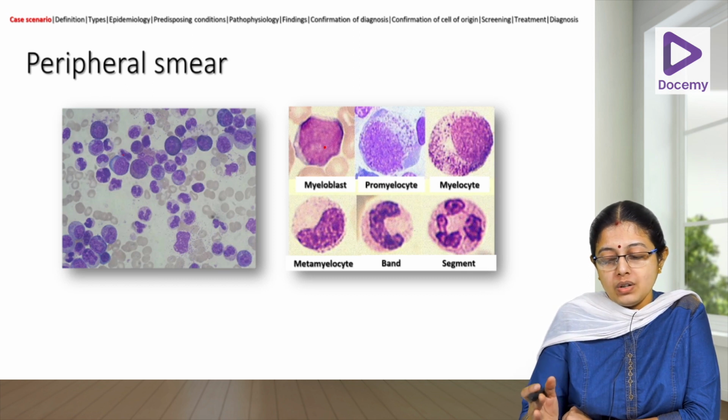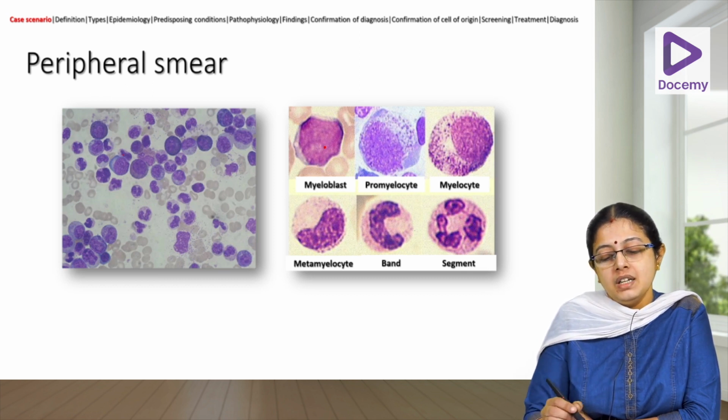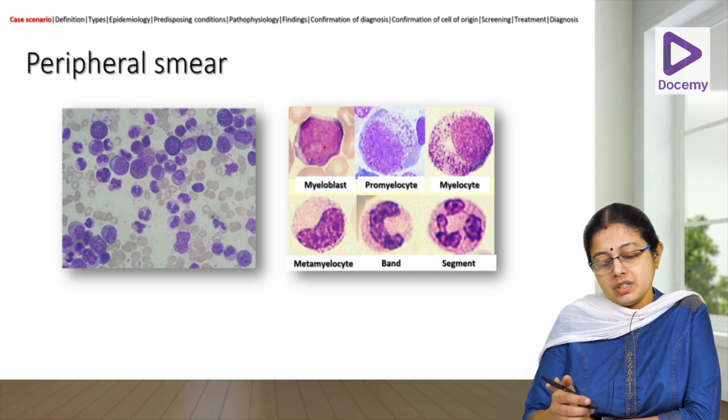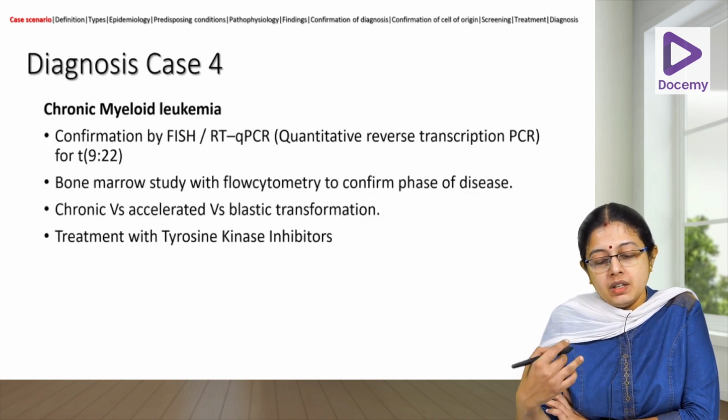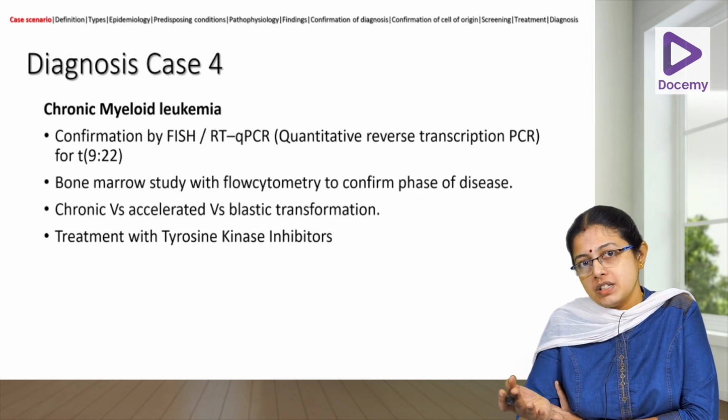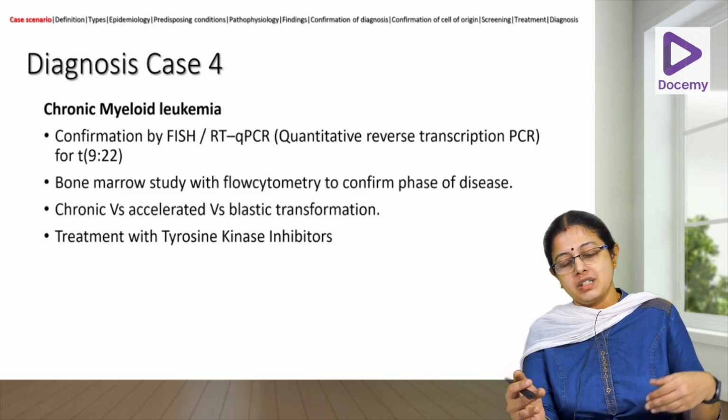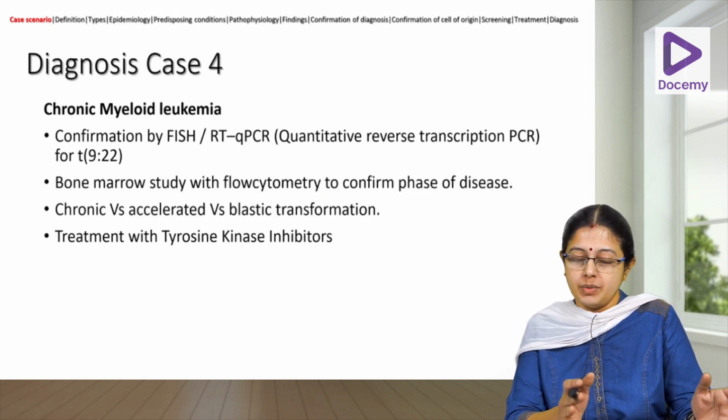So you have all the different kinds of myeloid precursors shown in the peripheral smear. Now, this patient's diagnosis is confirmed as chronic myeloid leukemia by the microscopy.